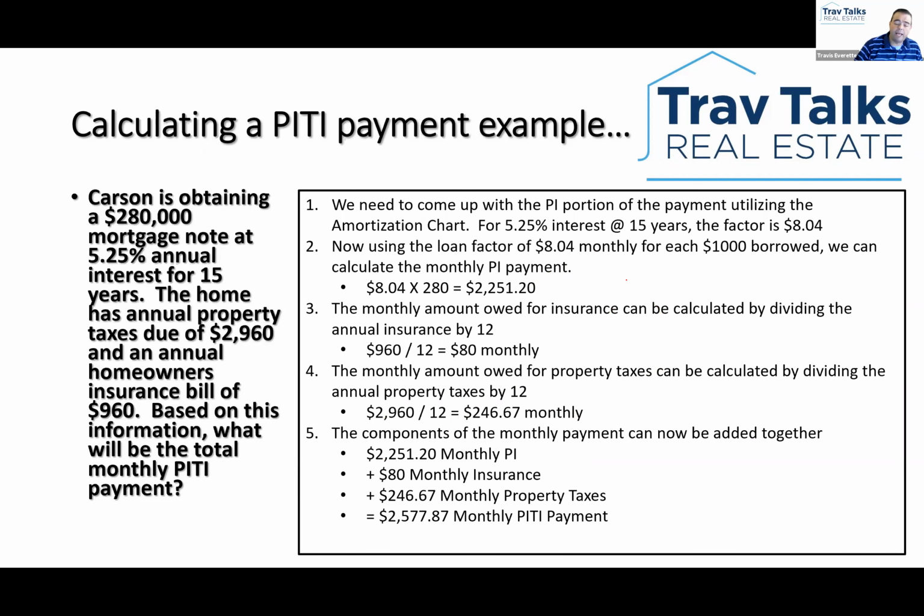And so now we've got all the pieces and we're ready to assemble that payment. The payment we came up with from the chart, $2,251.20, plus $80 a month in insurance, plus $246.67 in property taxes. Our monthly PITI budget payment is $2,577.87.